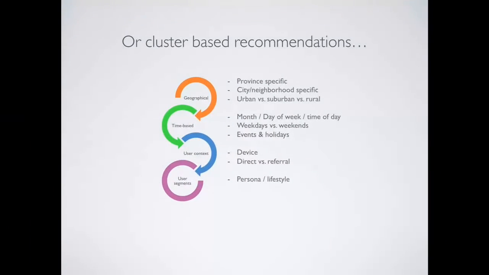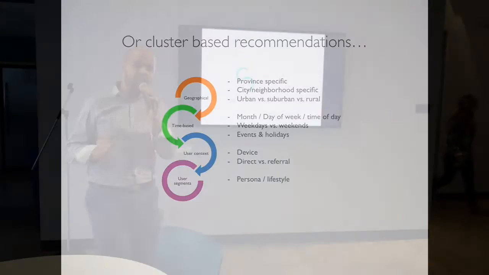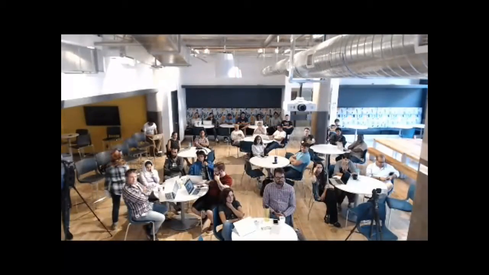If you come in from mobile, from desktop, or from an app, you're not consuming the content in the same way. Then there are user segments or personas, which is where we borderline between recommendations and personalization. At that point, you have a clear understanding of what your clusters of users are, and you're ready to go one-on-one, which brings us to personalization.